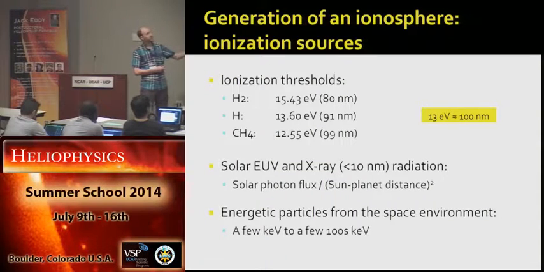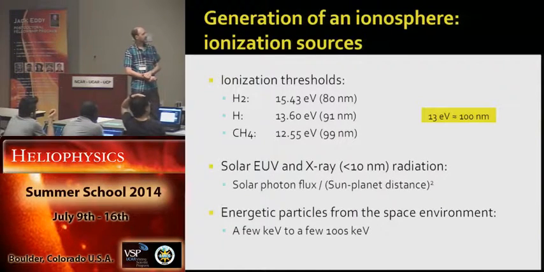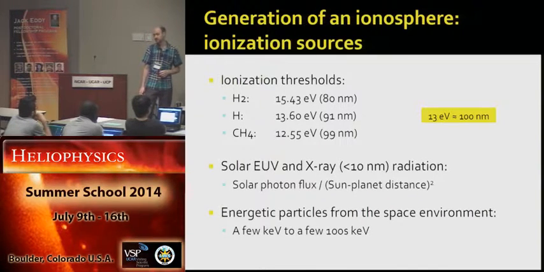And so solar EUV and X-ray photons will ionize. And of course, the solar photon flux goes as 1 over r squared. In addition, there are energetic particles from the space environment, which can range from a few keV to a few hundreds of keV, and they'll produce significant ionization in the auroral regions.